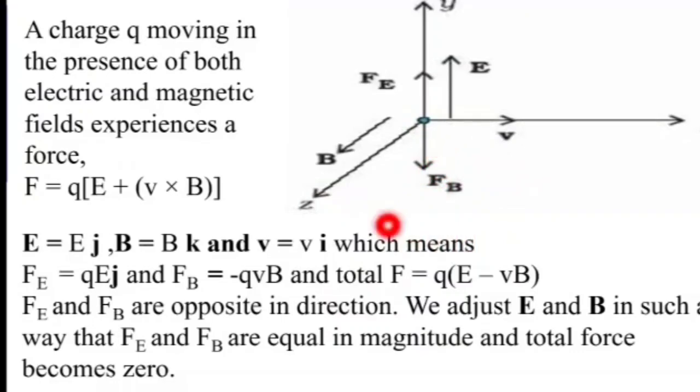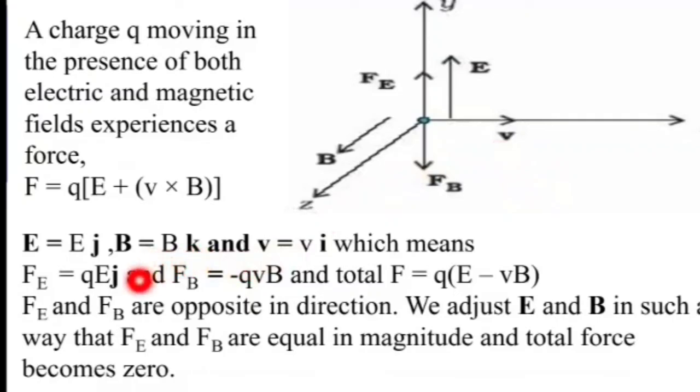So when our particle is moving with a velocity v perpendicular to both electric and magnetic field, then it experiences a magnetic force as well as an electric force which are in opposite directions.